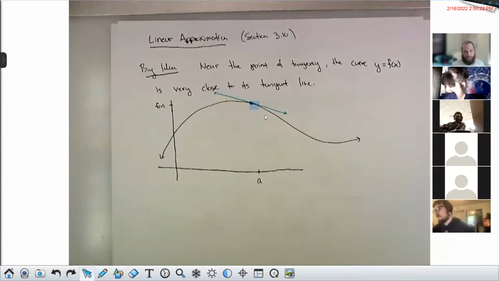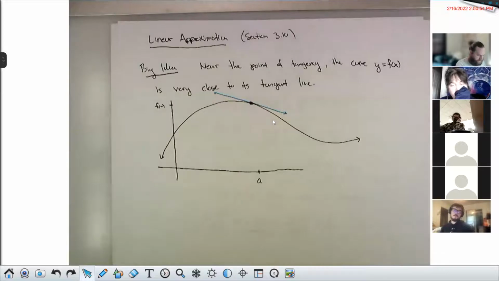If we stay close to this point, the tangent line and the curve are really close to each other. And by that, I mean the vertical distance between the tangent line and the curve is quite small. In fact, you can take this to be the definition of the derivative. You can define the derivative to be the slope of the line that minimizes the vertical distance on an open interval centered at A.